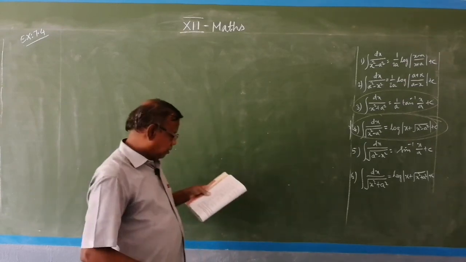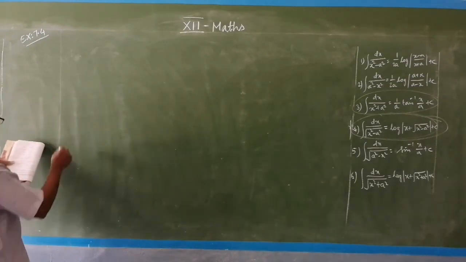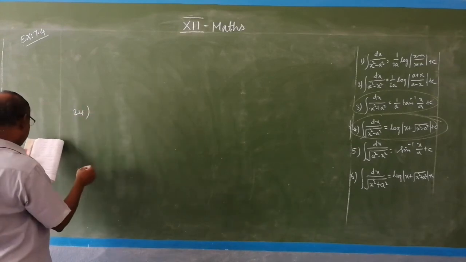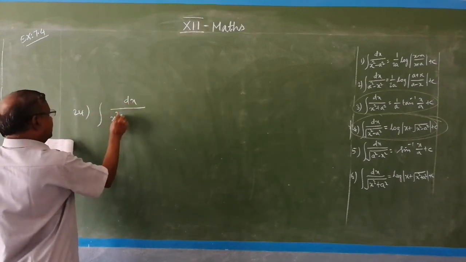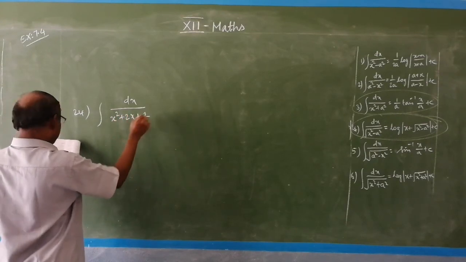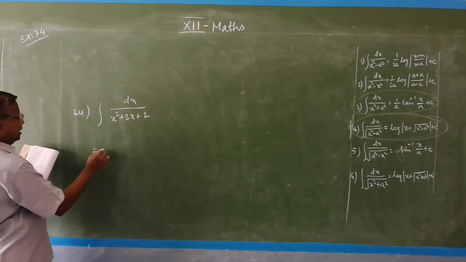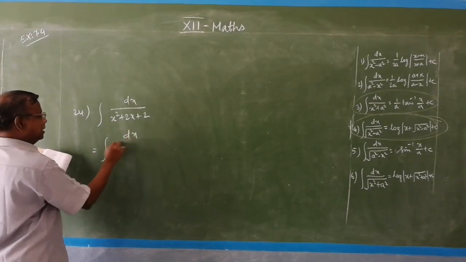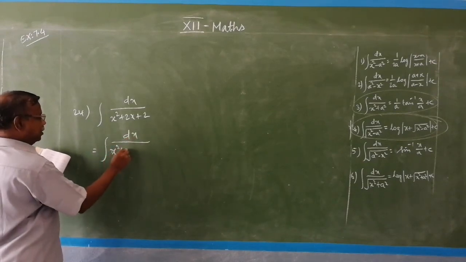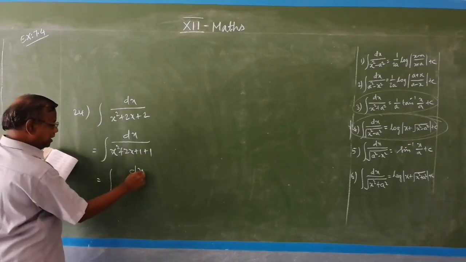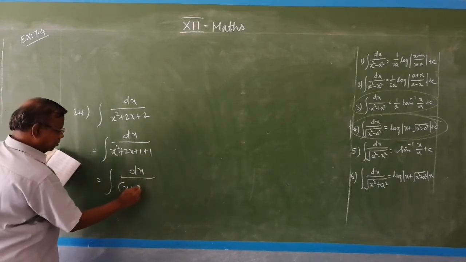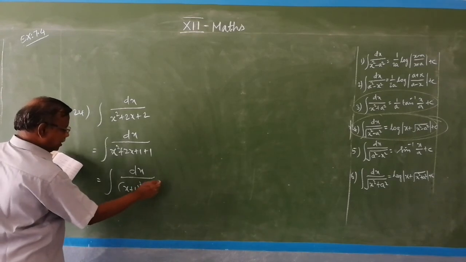There are two questions, one is 24, another one is 25. So, 24 is integral of dx by x square plus 2x plus 2. This can be written as integral of dx by x square plus 2x plus 1 plus 1, that is equal to integral of dx by (x plus 1) the whole square plus 1 square.